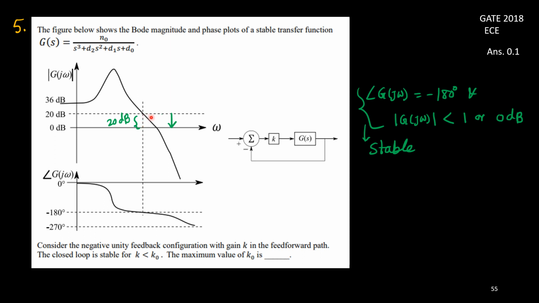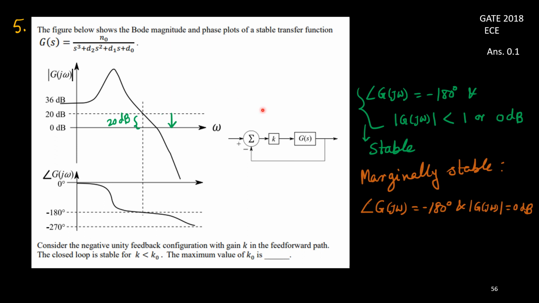Now when will it be marginally stable? Marginally stable you will get when angle of G(s) equals minus 180 degree and gain is also 0 dB, or magnitude 1.